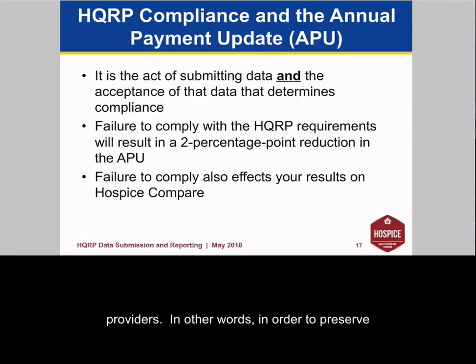In other words, in order to preserve your full annual payment update, a hospice must fully meet the requirements that mandate the submission of HIS admission and HIS discharge data for all patients admitted to their hospice, and participate in the hospice CAHPS. Failure to comply also affects your results on Hospice Compare, which we'll go into a bit more later.